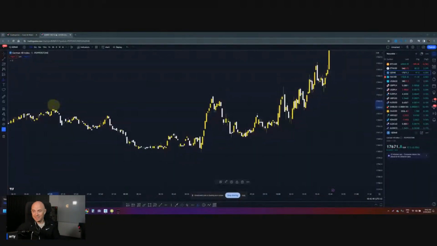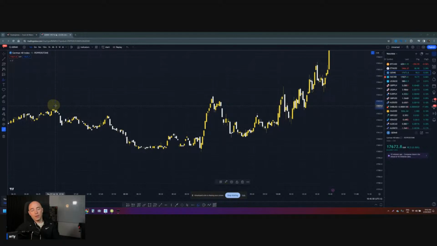This right here is the previous high. That's the previous high, correct? Okay. This is DAX on a 1 minute time frame. This is the previous high.